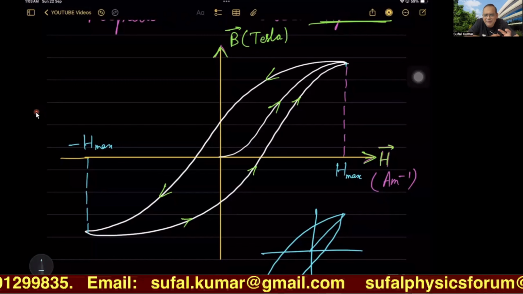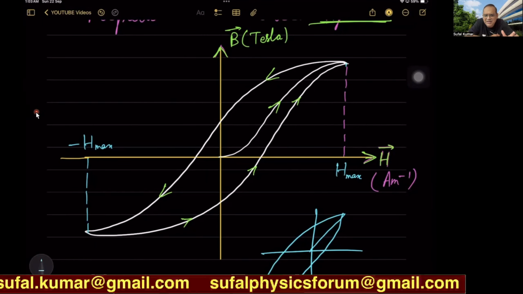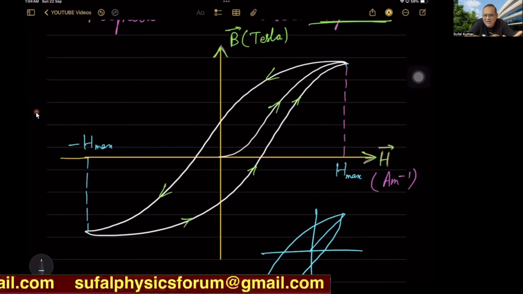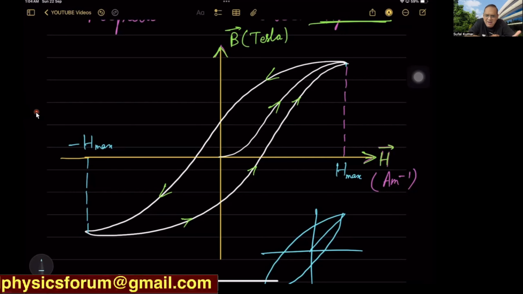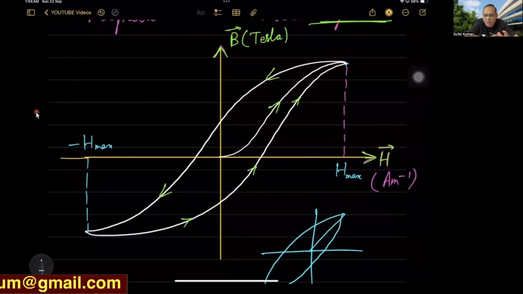And when any magnetic material is subjected to magnetization and demagnetization, this whole graph talks about the cycle of magnetization and demagnetization.